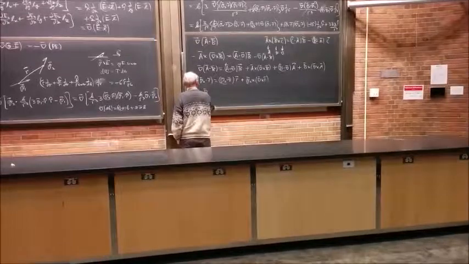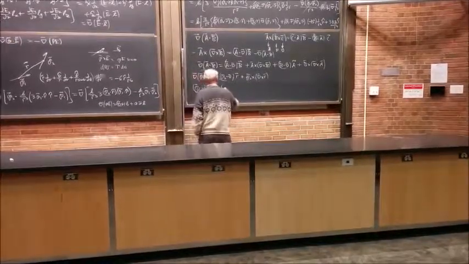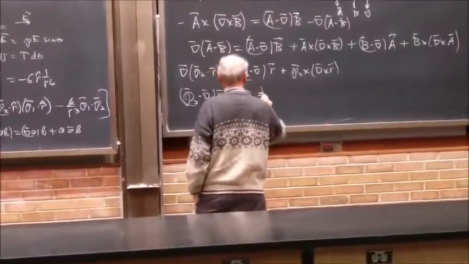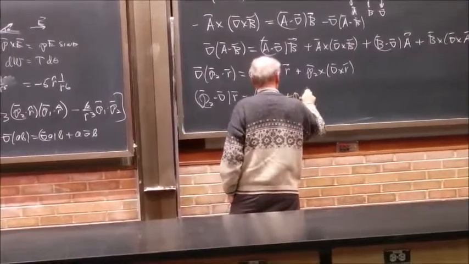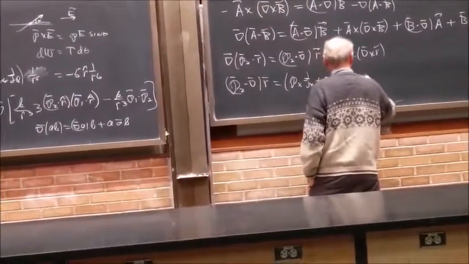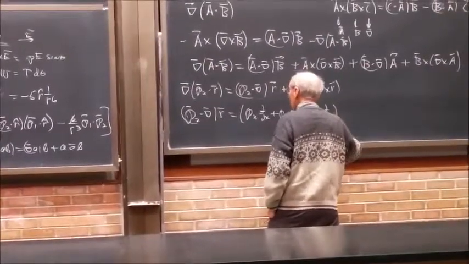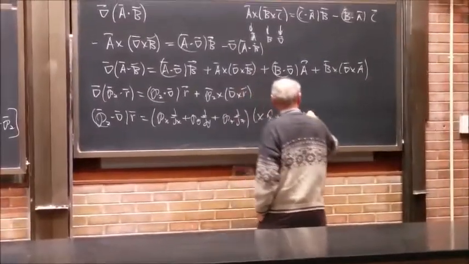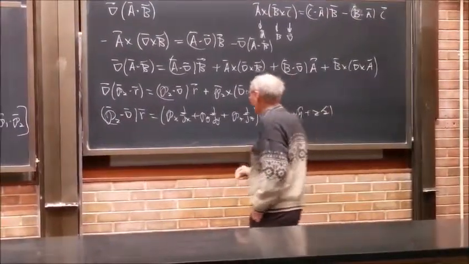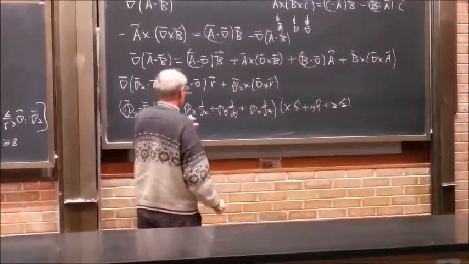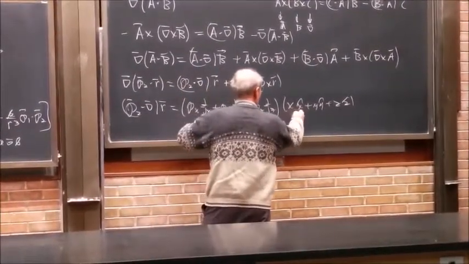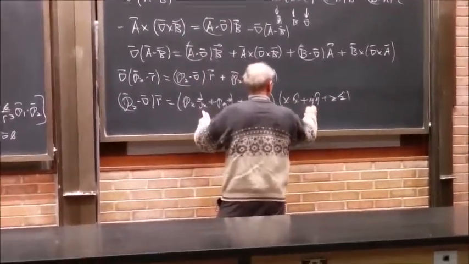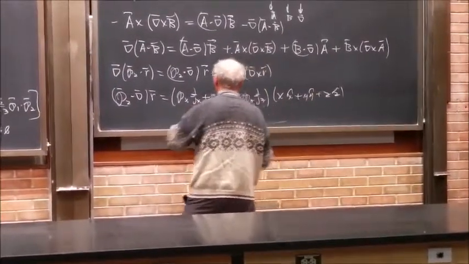P2 dot del on R. What is that? That is Px d by dx plus Py d by dy plus Pz d by dz operating on x hat, y hat, z hat. So now do it. D by dx makes that a 1, and you get x hat. The other two are 0 because this doesn't depend on x, and that doesn't depend on x.